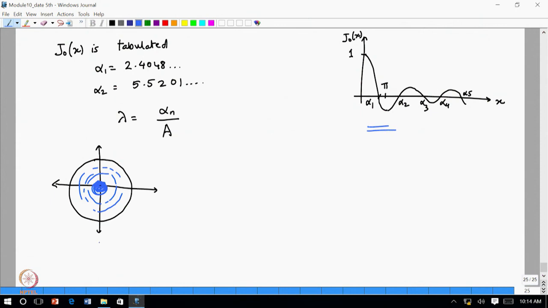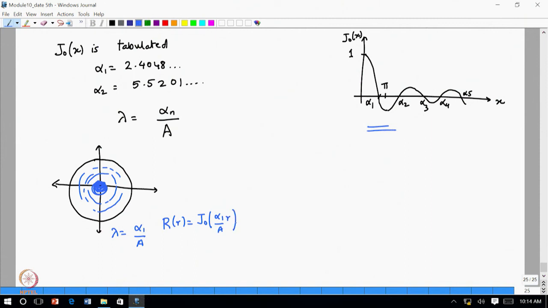So, this is the function corresponding to lambda equal to alpha 1 by A. In that case R of r is equal to some constant times J0 of alpha 1 by A times r.